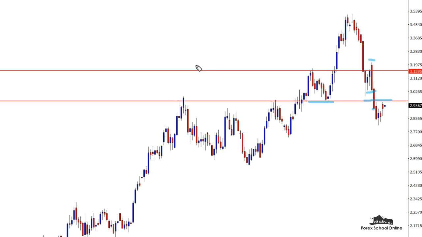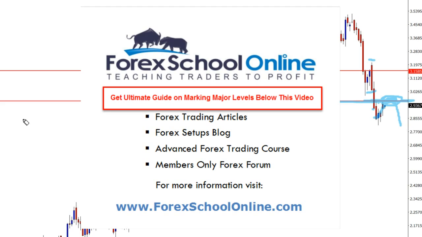If price can now reject this major level, we can start to, on the small time frames, look for short trades here, and then look for price to potentially start moving back lower. We can start to watch both these levels, and see what price does at this level and watch for the price action behavior.